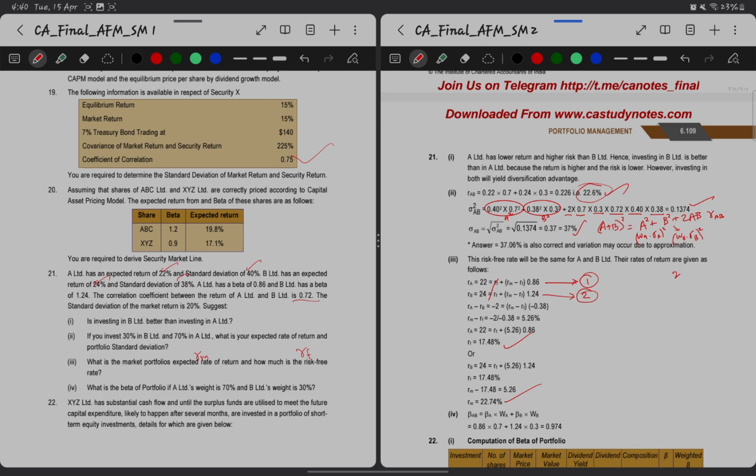So we can directly find it out by weighted average in case of portfolio beta. Since we know the weights are 70% and 30%, we can directly multiply with the betas already given and then we can arrive at the portfolio beta, nothing but 0.974. Thank you.